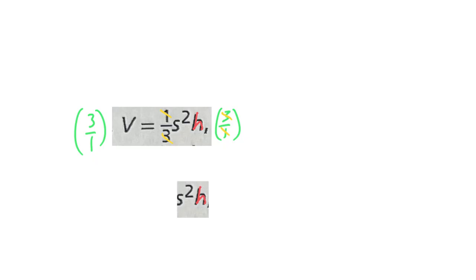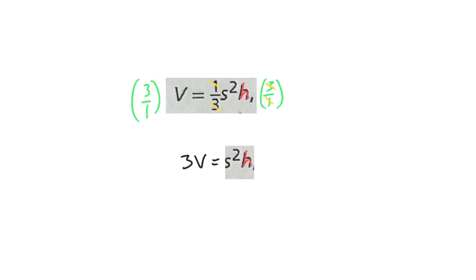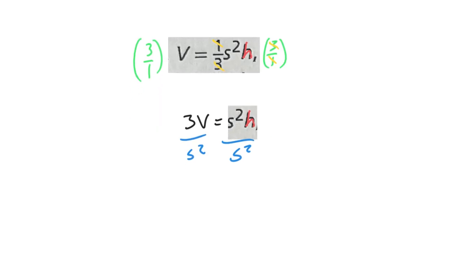And of course, on the other side, we would have 3v, because 3 over 1 is really just 3. Then, of course, we have to get rid of the s squared. Everyone watching probably understands that's just a matter of dividing both sides by s squared. Next thing you know, you have h equals 3v over s squared, because those cancel.